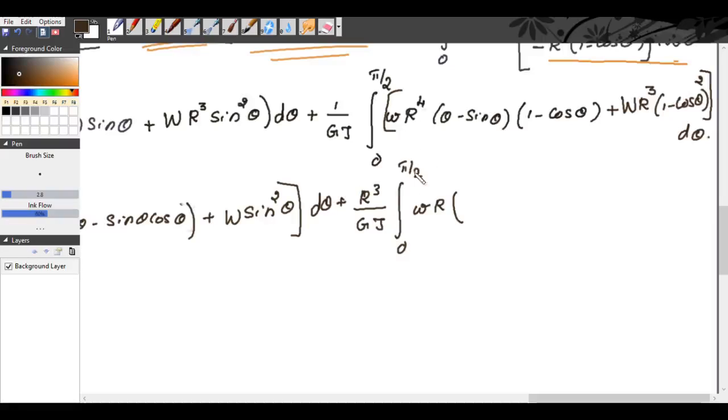R cube is taken out, so the remaining things are WR into theta into 1 minus cos theta, that is theta minus theta cos theta minus sin theta plus sin theta cos theta. Plus, so we will close this.